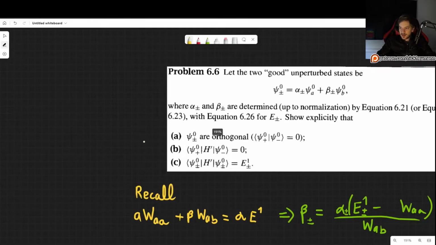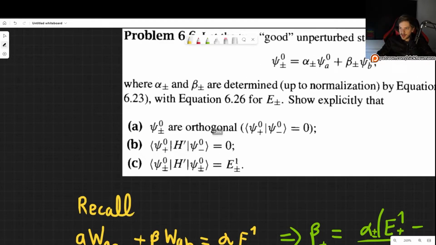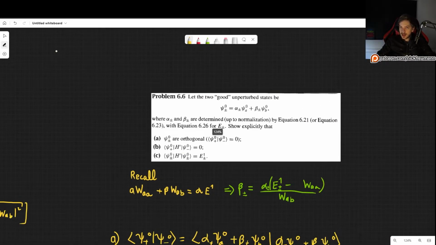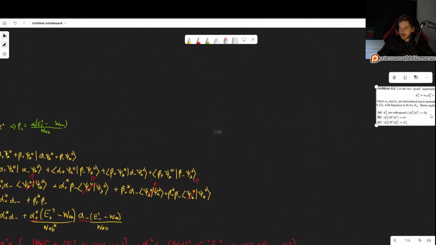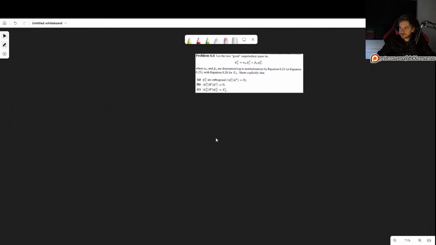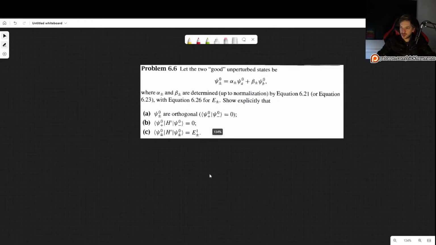Now in part B, we wish to prove this expression. Now I'm going to just quickly move this to the side so we get some extra space. But as you will see, the procedure will not really be very different. So we will simply plug in our expression in here. So psi plus 0, h prime, psi minus 0.